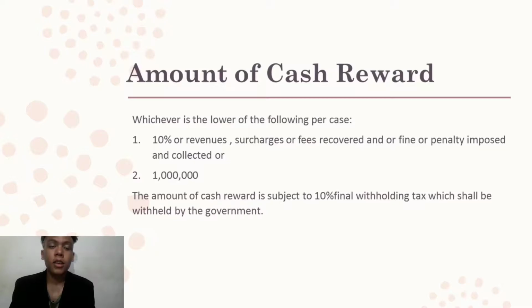And after that, the cash reward limit is only 1 million. So according to the amount of cash reward, whichever is lower. So the lower amount is the 1 million. So we will use the 1 million as the cash reward, and then we will subtract 10% final withholding tax, which is 100,000. So the net amount that will be released to the tax informer will be 900,000.